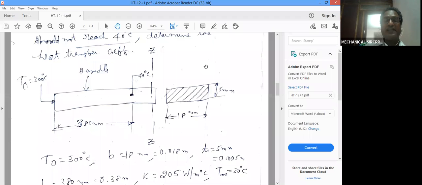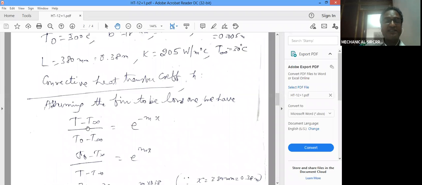From that, you can calculate the h value. But before that, you have to calculate the m value. How to calculate m? From the temperature distribution equation, T minus T free stream divided by T0 minus T free stream is equal to e power minus mx.